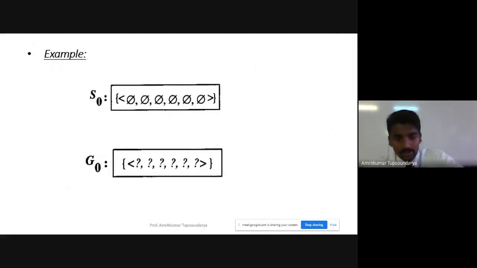So let us first initialize the most specific hypothesis with all the attribute values as ∅, and initialize G0 with the most general values, which is a question mark, right? So what we have here is the most specific hypothesis as well as the most general hypothesis.